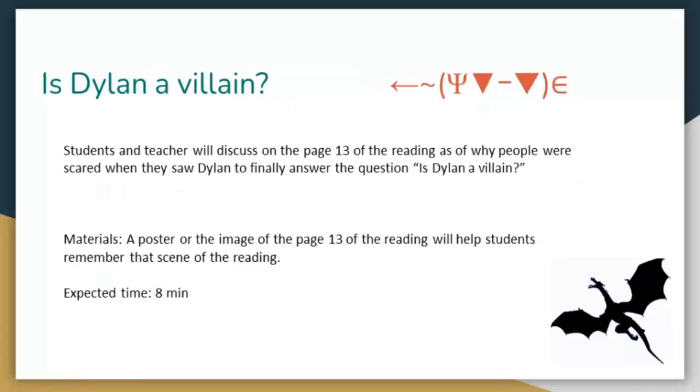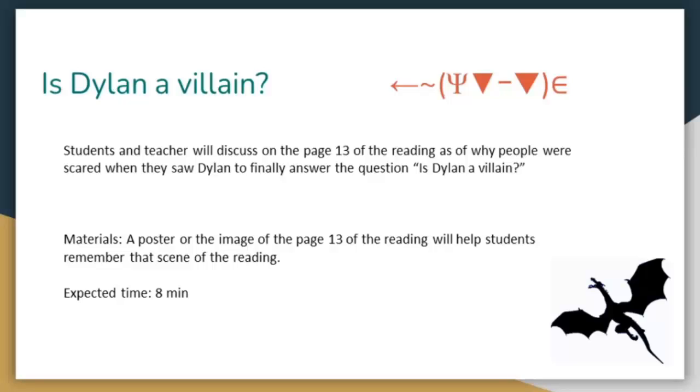Finally, for my part, not for the class, there is an activity called Is Dylan a Villain?, where students and teacher will discuss page 13 of the reading, why people were scared when they saw Dylan, to finally answer the question, is Dylan a villain?